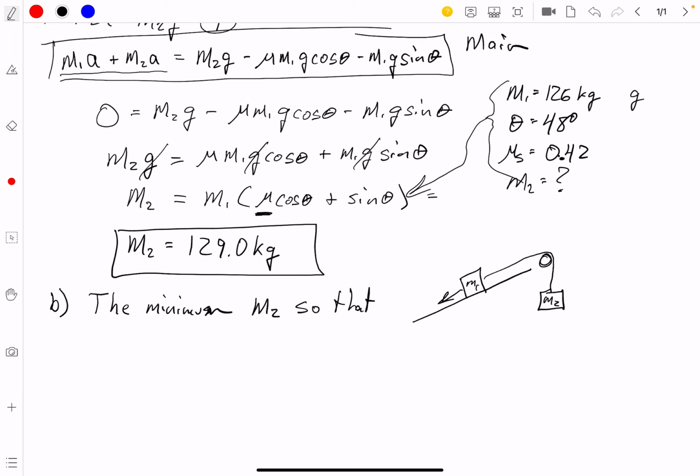So there's m2. And we want to make sure that m1 doesn't slide back down that way.